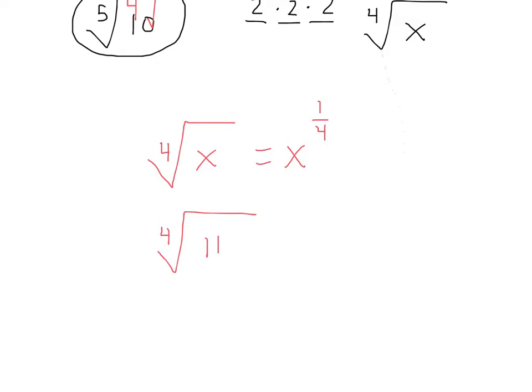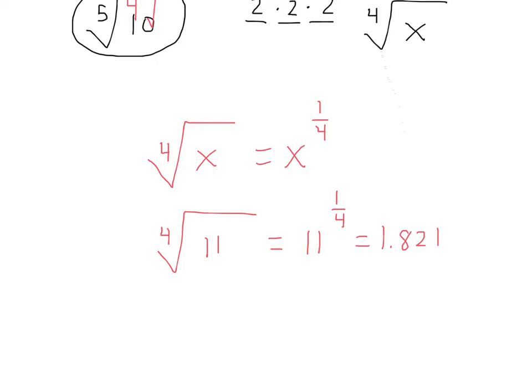Well, that's really hard to do in your head, but if you wanted to put it in the calculator, you'd put 11, and then you'd raise it to the 1/4 power. And so 11 to the 1/4 power was 1.821, and it's a decimal that goes on and on forever, right?